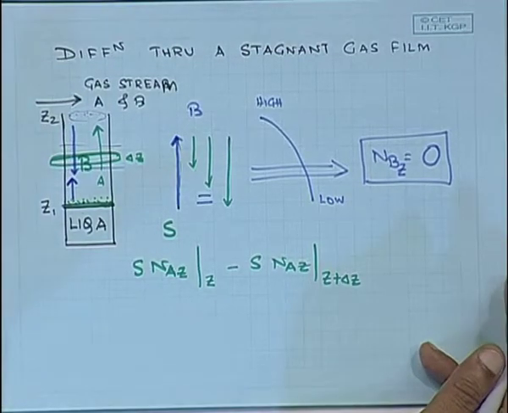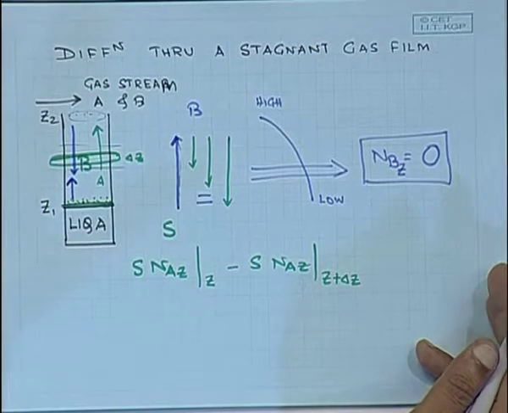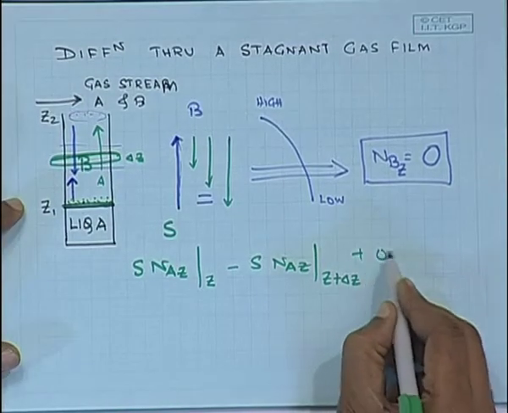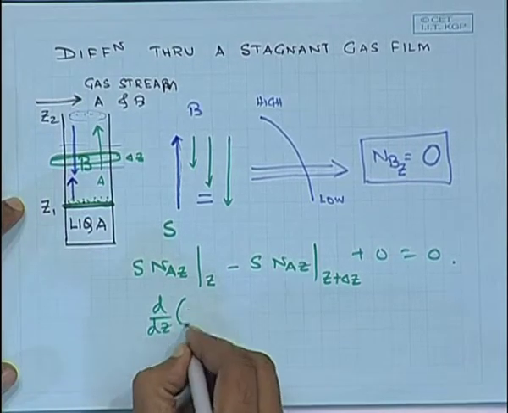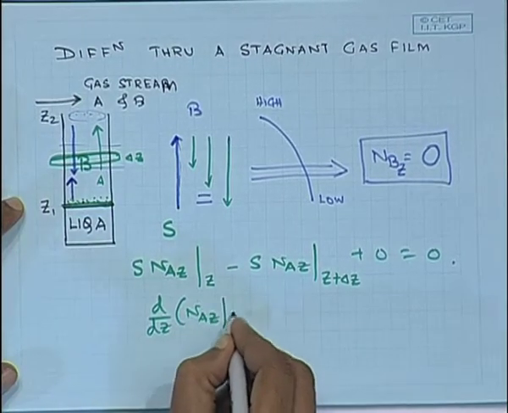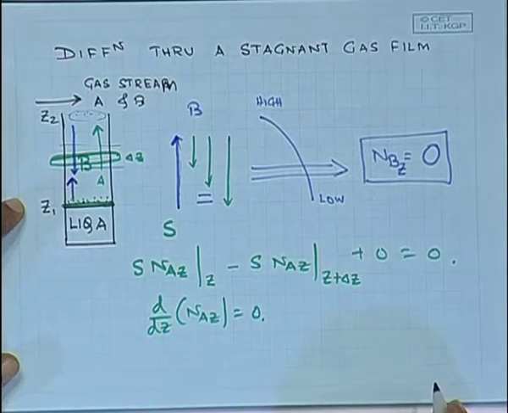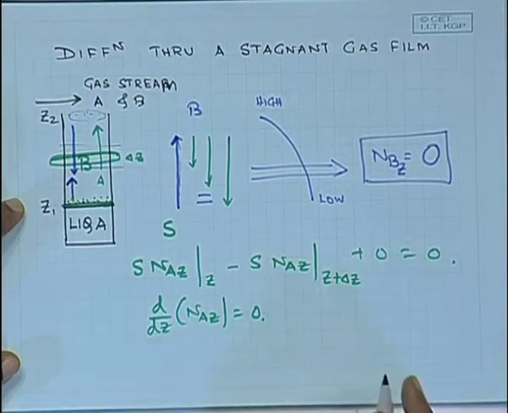These are non-reacting species, A and B do not react with each other. So, obviously 0 would be equal to 0. So, essentially you have d/dz of NAZ is equal to 0, that is your governing equation.